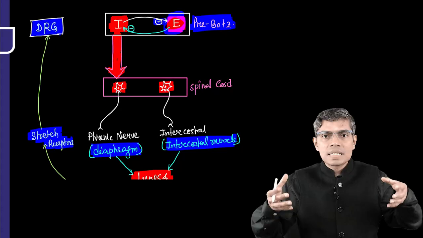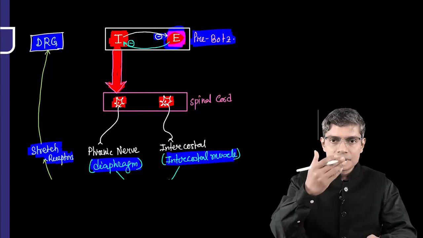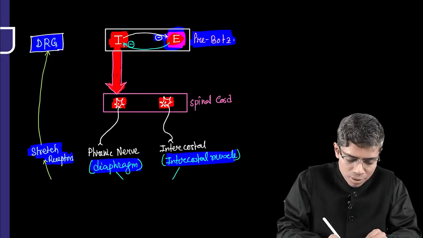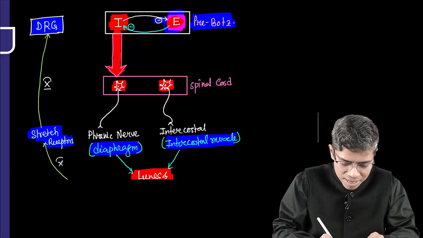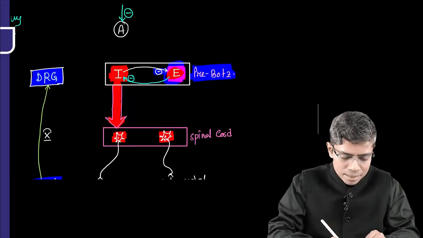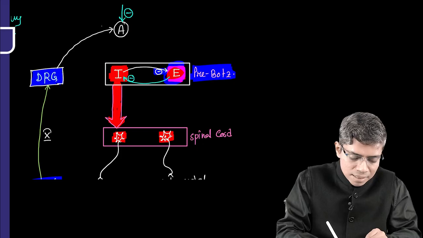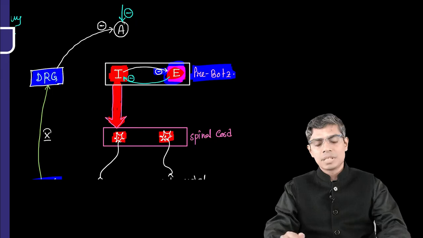So whenever your lungs are expanding, it is activating the stretch receptors. The stretch receptors send signals to the DRG. All these signals are coming through which nerve? Through the vagus nerve, and ultimately from this DRG the input goes to the apneustic center. And what kind of input? Inhibitory input.